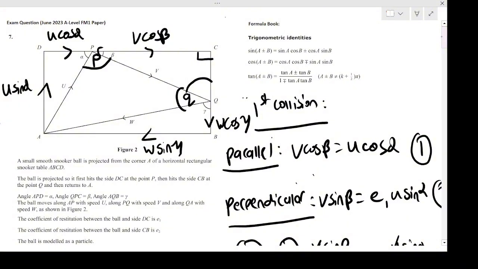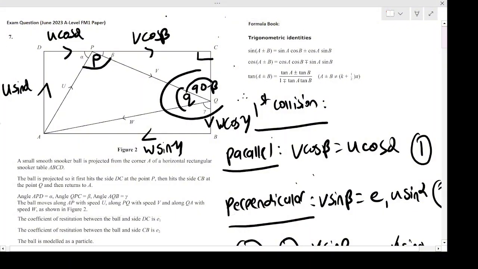So I have angle beta here, I have a 90-degree angle. So this angle here is going to be 90 take away beta, because all three angles have to add to 180. So 180 take away 90 is 90, then I'll take away another beta. So 90 take away beta for the angle there. Hopefully happy with that.